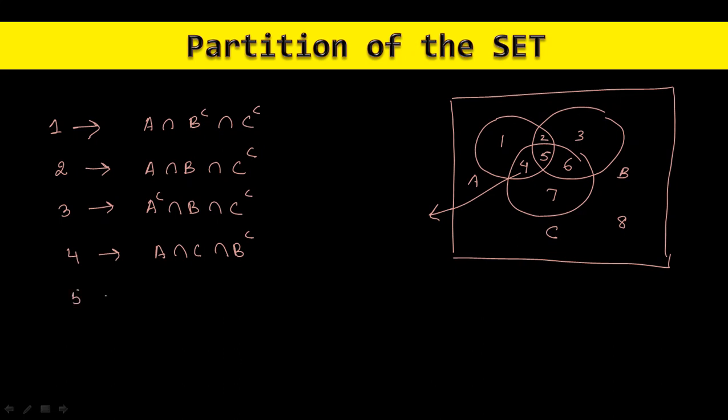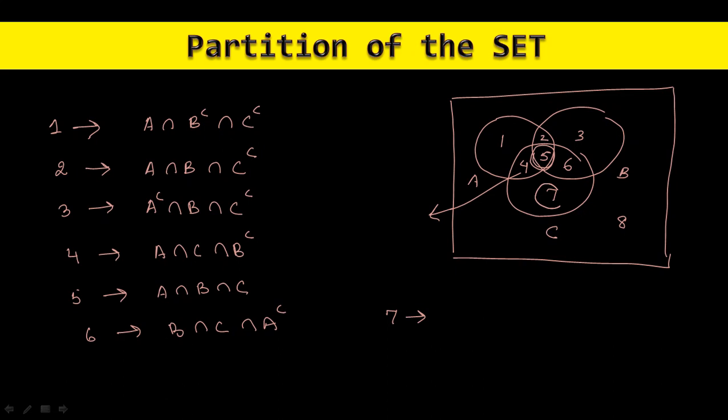What about partition number 5? This one is partition 5, the central portion. It means it comprises all the elements A, B and C. What about partition number 6? 6 comprises B and C. It means I can write B intersection C intersection A complement. What about partition number 7?